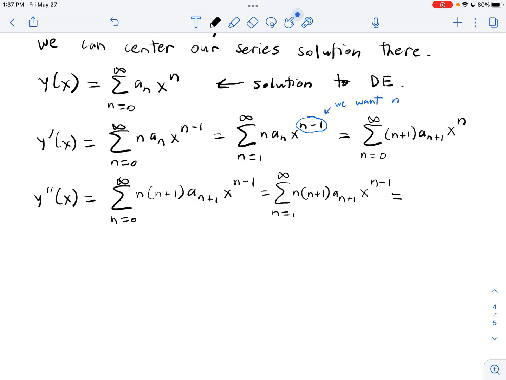And finally, we reindex. So again, same thing. I'm going to start it at 0, but I'm going to add 1 to every n inside of there. So it's going to become n plus 1, n plus 2. I'm running out of space here. Let me back up so I have enough room to write this series out. So this is going to equal, this becomes n plus 1, this becomes n plus 2, this becomes a sub n plus 2, and this becomes x to the n.